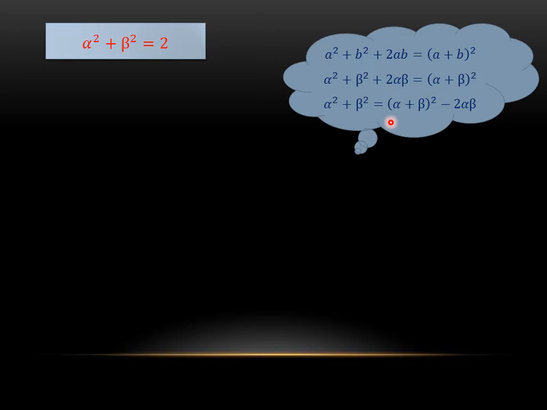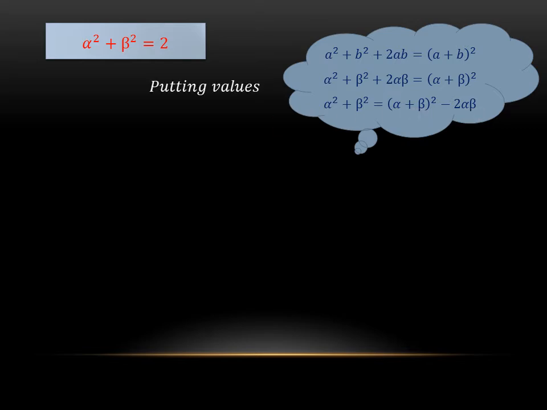Why have we done that? We have done that in order to use values in the form of sum or product, because we have the value of the sum and the product of the roots, but we don't have the value of the separate squares. So we have replaced the separate squares with alpha plus beta whole square minus 2 alpha beta.